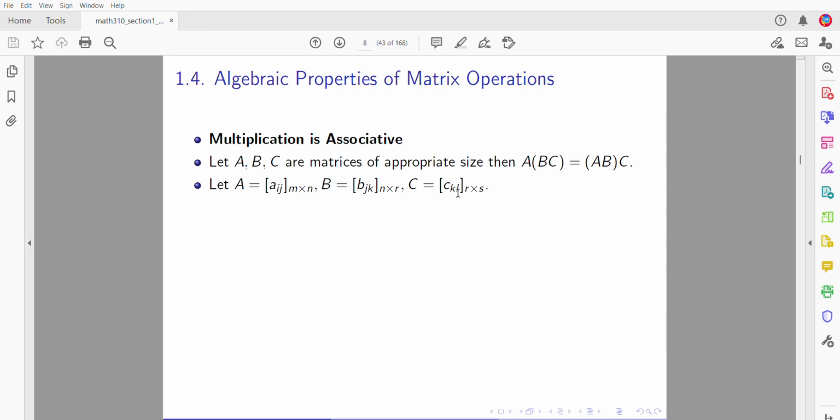Okay, so I need to multiply. Look at their dimensions. A is m by n, B is n by r. So whatever I ended with, I start with. C is r by s. Whatever I ended here, I start with that. So now let's multiply A parenthesis BC. That is, BC is written within parenthesis: matrix Aij, parenthesis matrix Bjk, matrix Ckl.